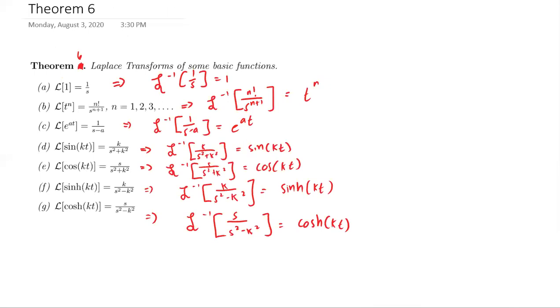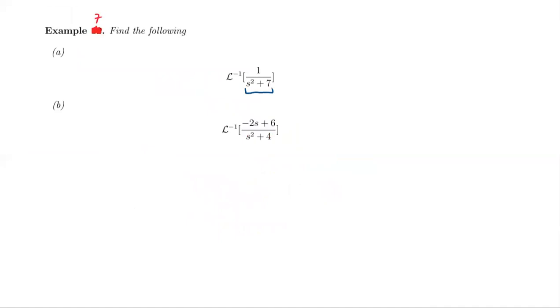Both sine and cosine look something like this, right? Because there's a constant up in front, k in the numerator, and s squared plus k squared in the denominator. That looks very similar to this thing here, 1 over s squared plus 7. Of course, it's not the same thing, but it looks pretty close. So let me write those here so we have them on hand.